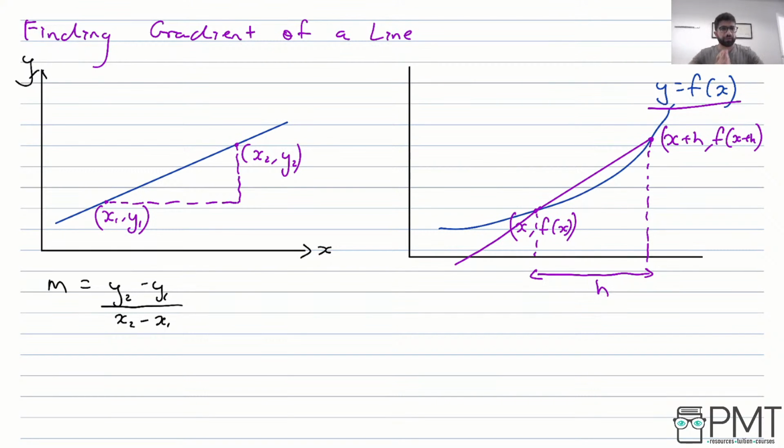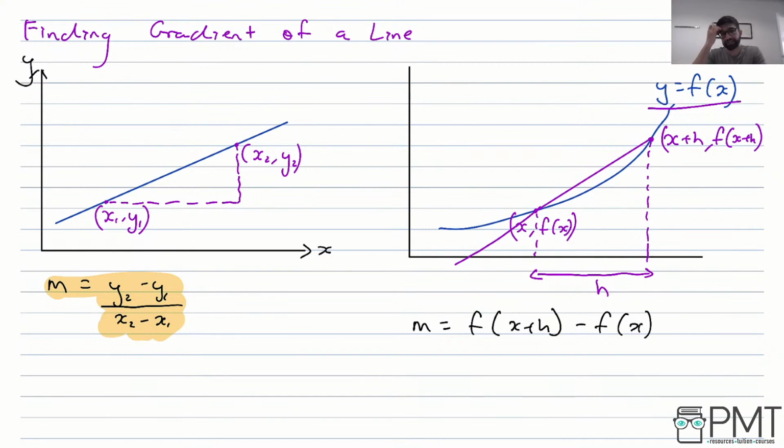Right. Can you tell me how we can find the gradient of this straight line then? This is a tangent. We want to find the gradient of this one. Just like the previous one here, we can use the same formula. We are going to take the difference in the y coordinates, which is going to be f of x plus h minus f of x.